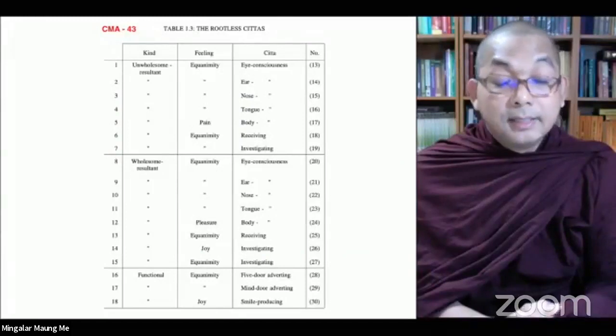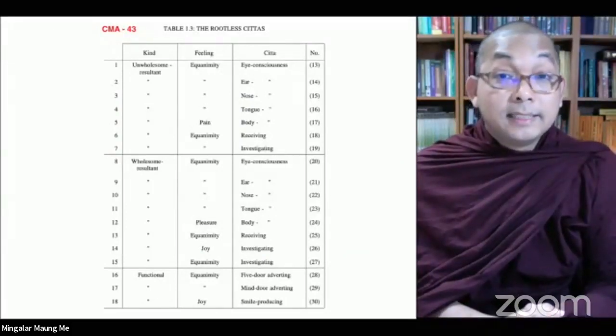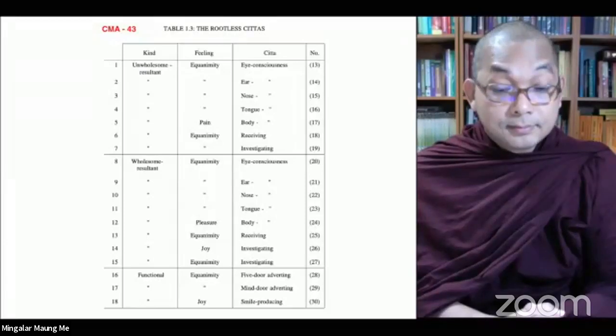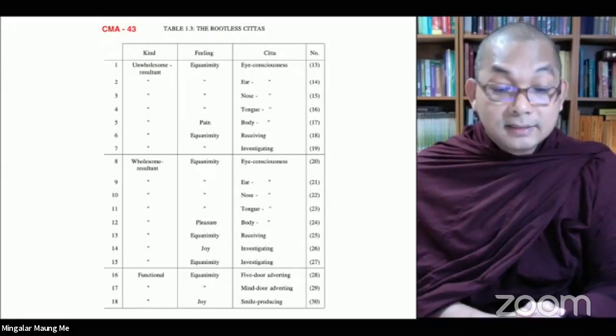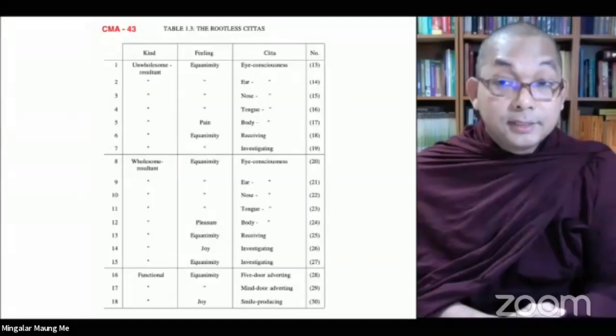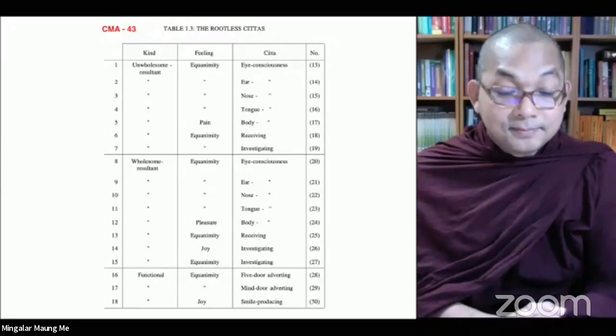We already learned 12 akusala chetas, right? Earlier, we already learned 12 akusala chetas. Then after 12, 13, right? Yes, I understand. Okay, thank you.